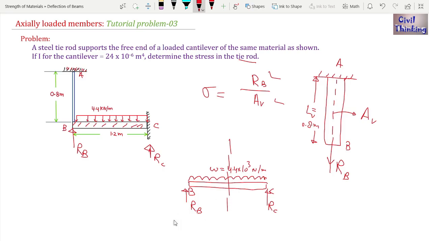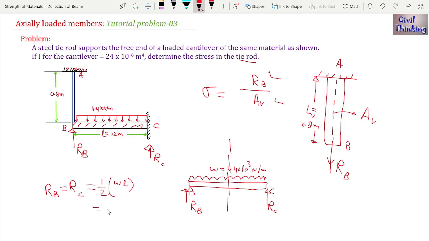We know in a symmetric beam the reactions are equal and half of the total load. It means reaction at B is equal to reaction at C. They are equal, both the reactions, and they are half of total load. How much is the total load? It is Newton per meter. W is 4.4 times 10 power 3 Newton per meter, and the total length is 1.2 meter. Total load is per meter load multiplied by total length, so it is WL. Let me call this L, L is 1.2 and W is this.